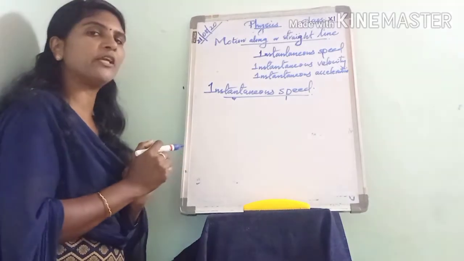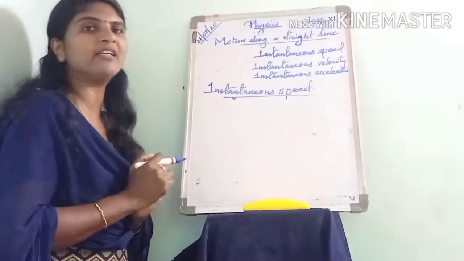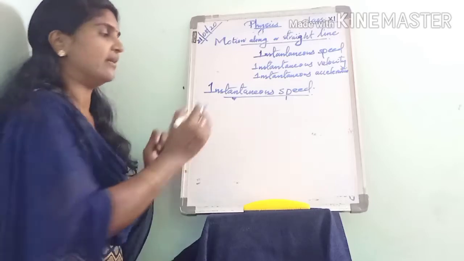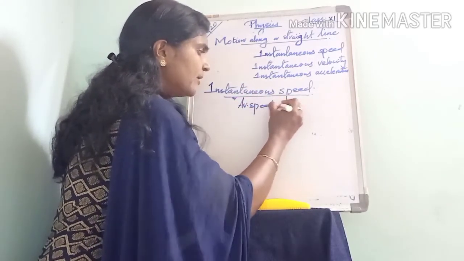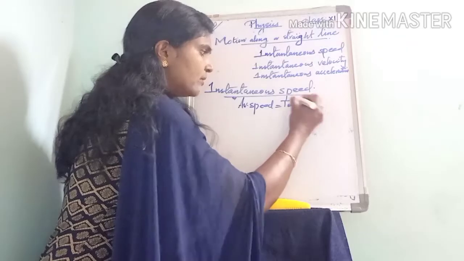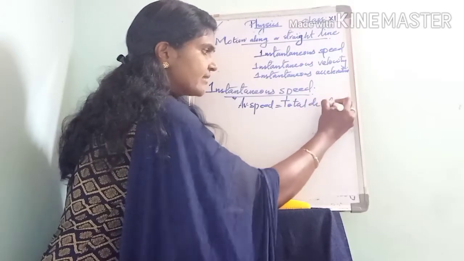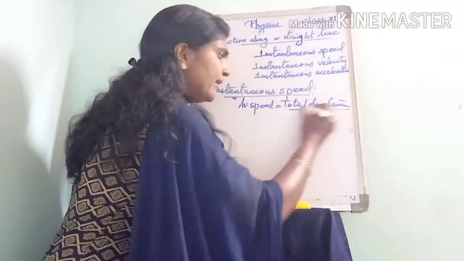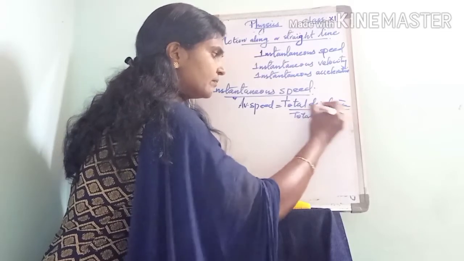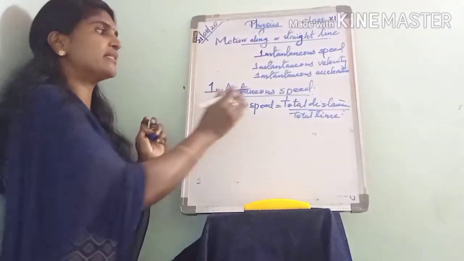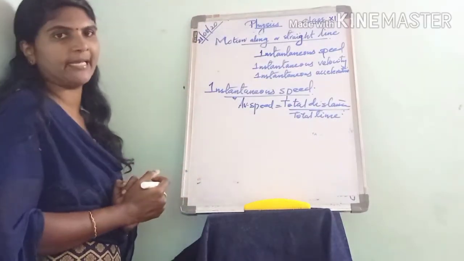Average speed is equal to total distance travelled divided by total time taken.